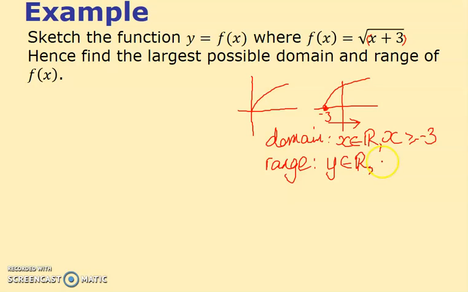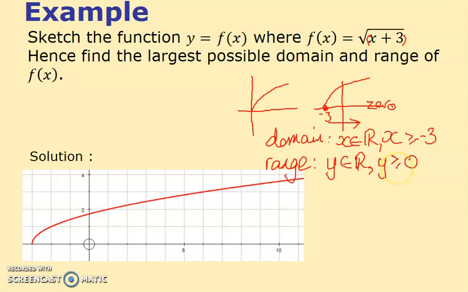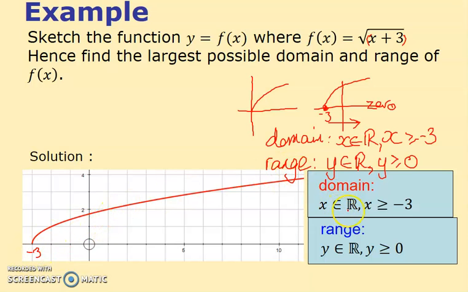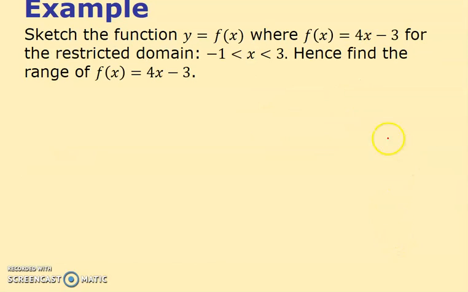You'll get bored of that, but you don't want to lose a mark for not writing it. y is bigger than or equal to, and remember this is the 0 line here, so bigger than or equal to 0. Let's see what I've got. There's the graph. It does hit at -3 as I said it would. And there's the answers. Domain: x is greater than or equal to -3. Range: y is greater than or equal to 0. So we're all happy with that.